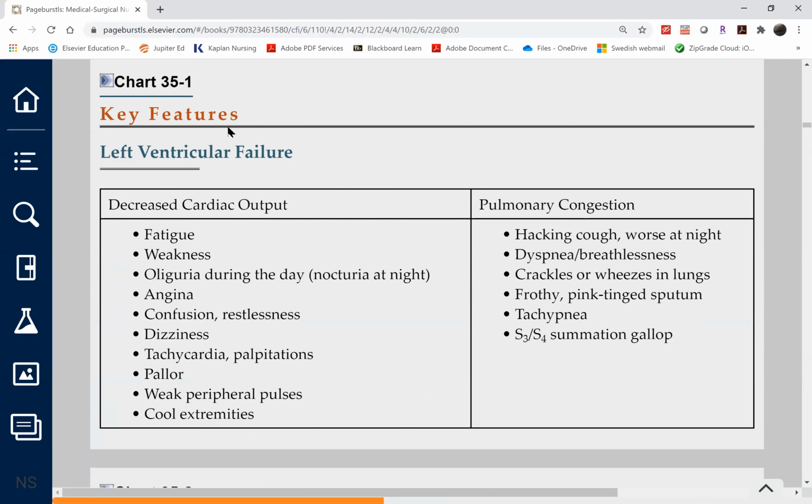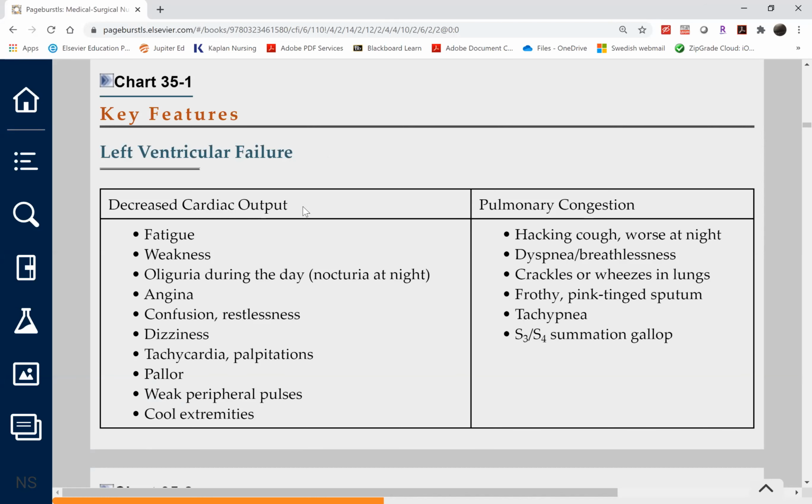So it takes you back to how you can remember this. If you know the job of the left side of your heart, the left ventricle, what is its job? To pump blood. It's a pump. To pump oxygenated blood into the systemic circulation.